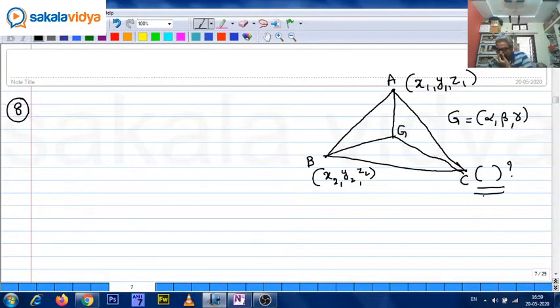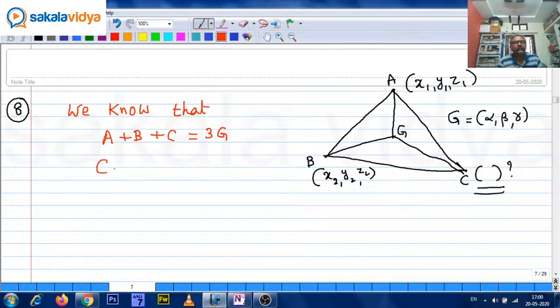How to find it? Yes, now we can find it. We know that, as already discussed, A plus B plus C equals 3G.